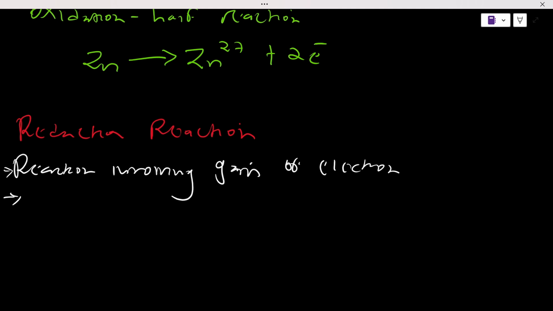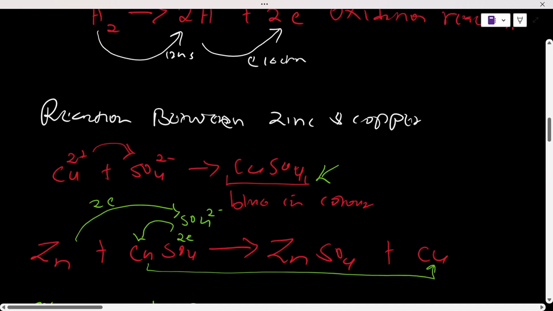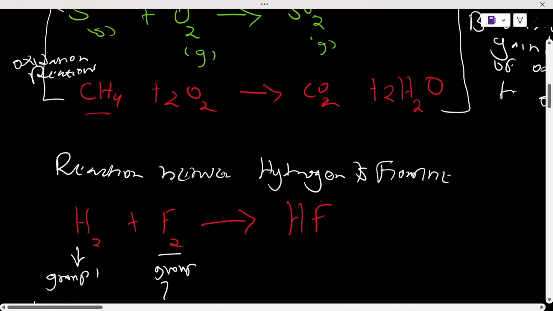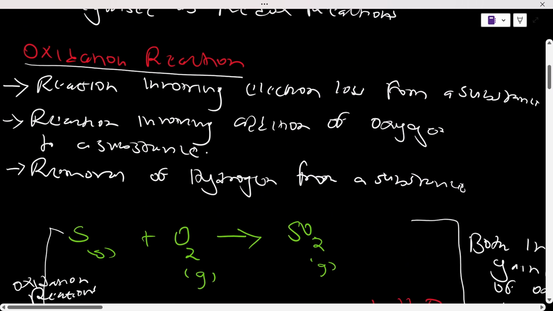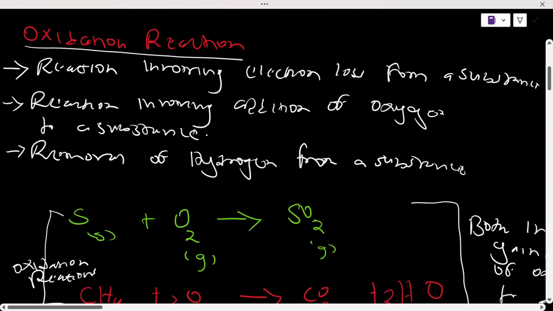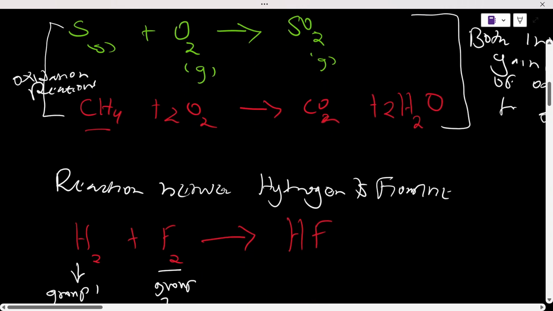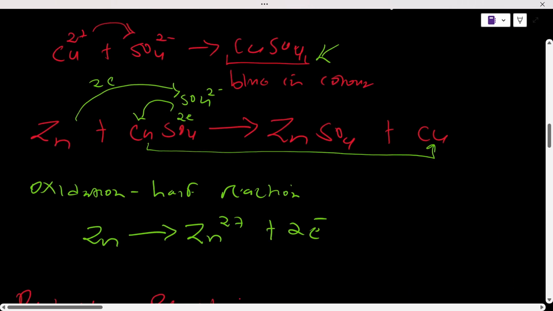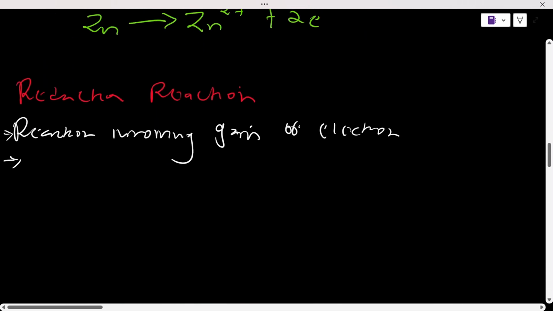Now, who is gaining electrons here? The electrons that were released there. So if you go back to our definition, we said oxidation is a reaction involving addition of oxygen to a substance. So what is going to be the opposite here?